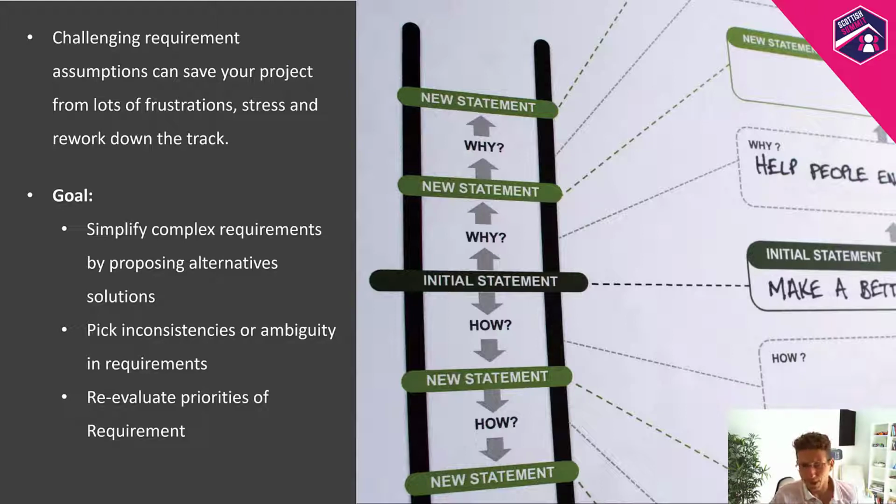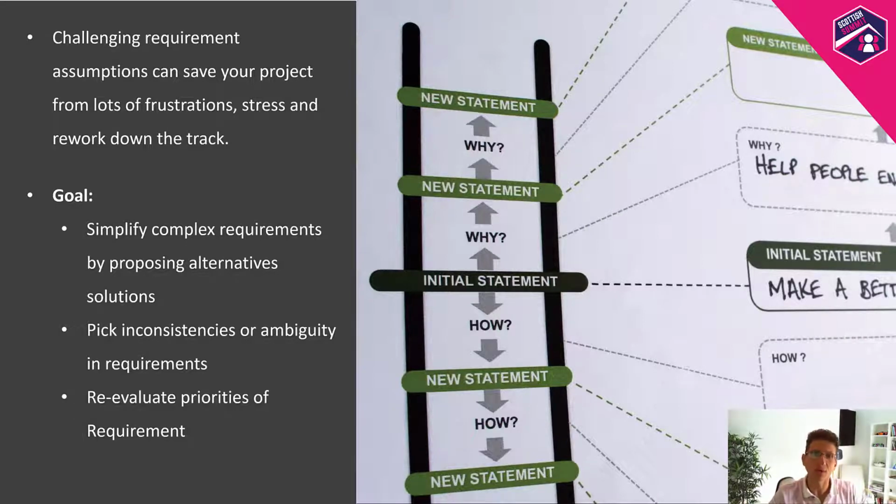You want to make sure to pick up inconsistencies and ambiguity in requirements, and you want to help your clients effectively reevaluate priorities, because if one requirement is very important but super complex to implement, and another one is a little bit less important but super simple to implement, I can tell you, you want to help your clients maybe reprioritize those requirements so that the simple one comes first, and then for the other one we find a better way to implement that requirement.